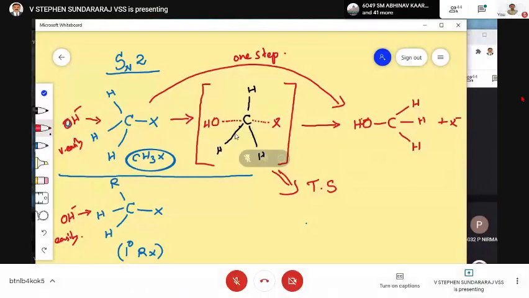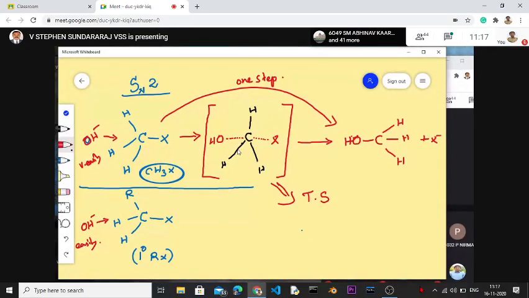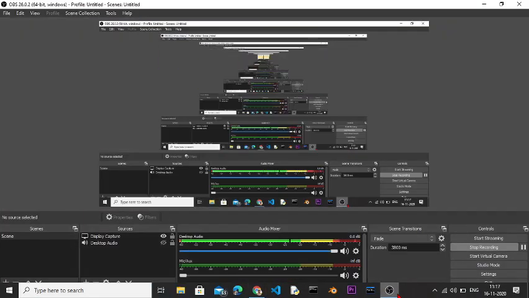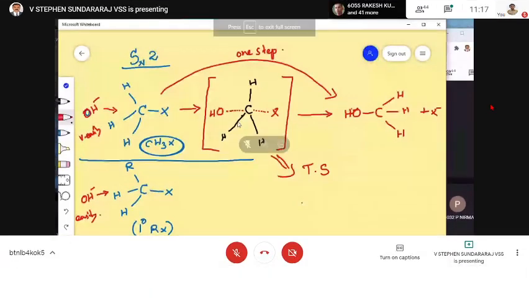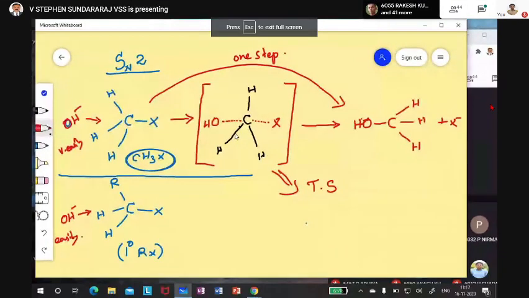The product also is formed; they separate and purify it, they study it, they know the product also. So from that they think the reaction might have taken place like this. That explanation is called mechanism. So what I have shown is just a mechanism, a transition state. Otherwise, in one go, directly in one step, the alkyl halide will be converted into alkyl alcohol.